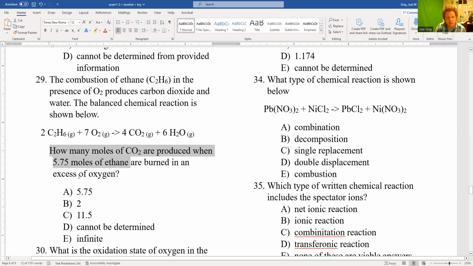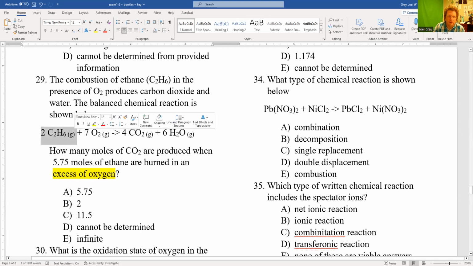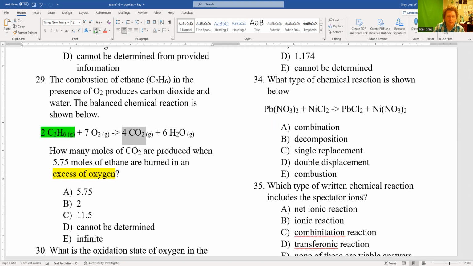And it provides us with this very important piece of information right here, excess oxygen. So what that means is we really don't care that there's a 7 coefficient in front of the O2. What we only care about is, I'm going to highlight it in green, the C2H6 and the CO2. We can set up a dimensional analysis. My input was 5.75 moles of C2H6.